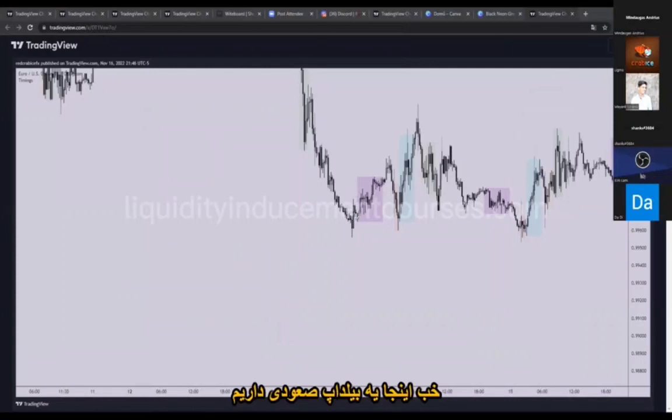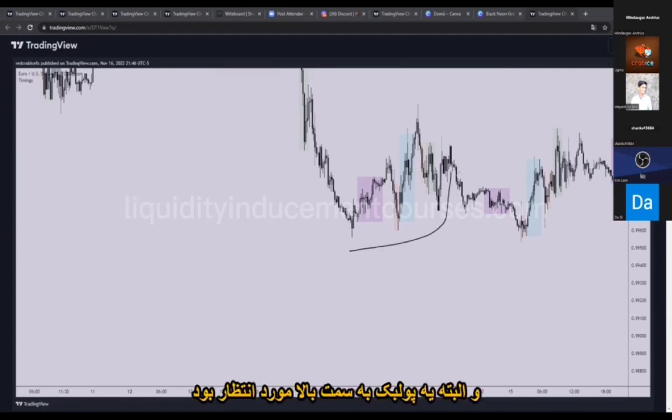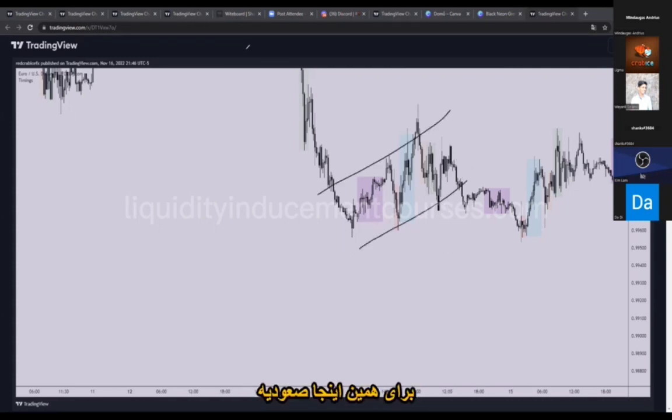So again, we had a bullish build up. We had a POI, and we swept something from the other side. It's as simple as that. So we just moved 200 pips below. We reacted to something from the left, and of course a pullback to the upside would be expected. So that's why in this case we are bullish.